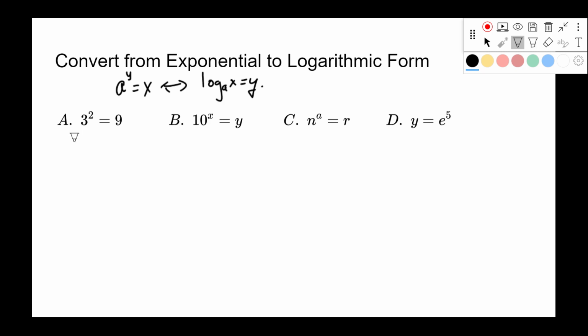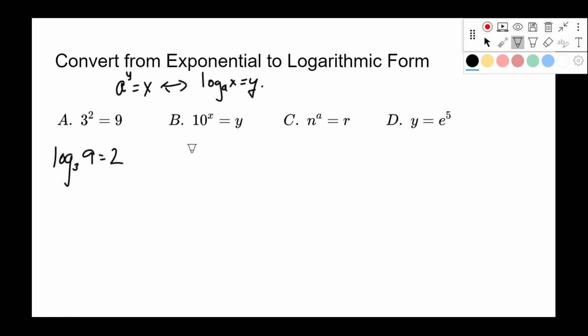So what you need to understand here is that if I want to write this as a logarithm, the base of the exponent becomes the base of the log, and the exponent and what it's equal to will switch positions over the equal sign. So log of 9 base 3 is equal to 2.